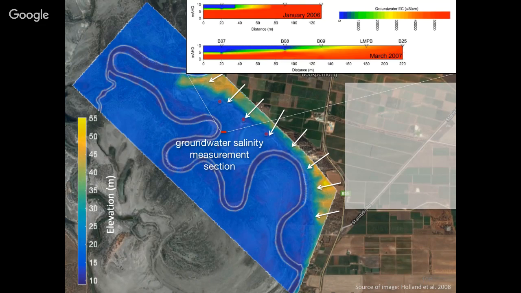They pump for a year, I think it was, and then they go back and repeat the sampling, and they find that you've got this kind of distribution. Now it's blue farther inland, so that means that by pumping the saline water out, they've actually freshened the area around here, and made a substantial difference.